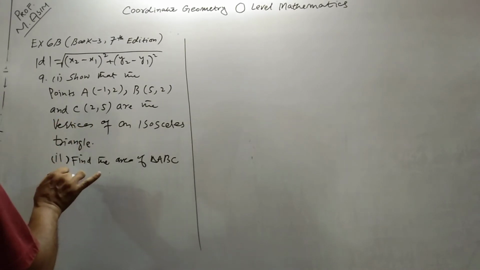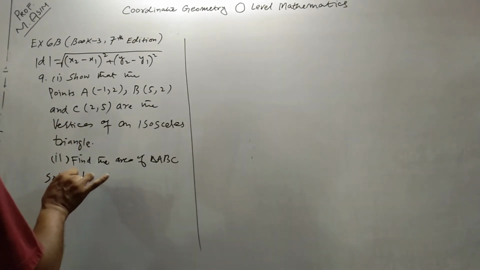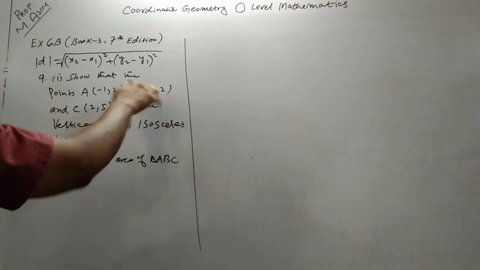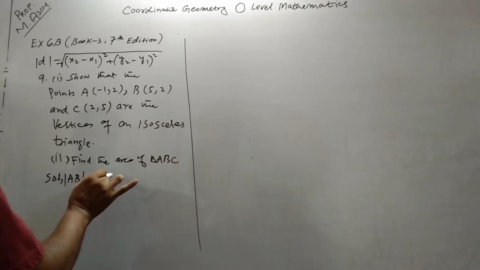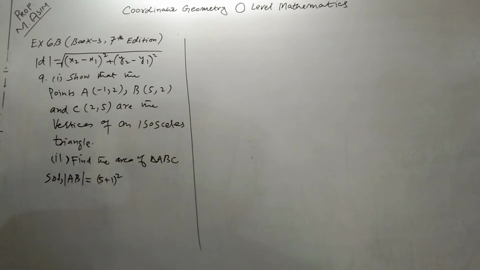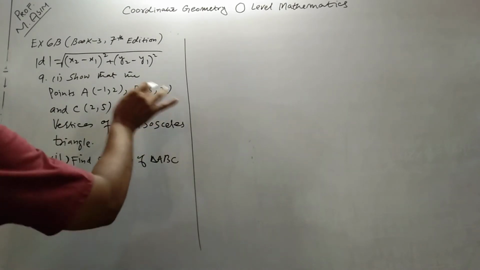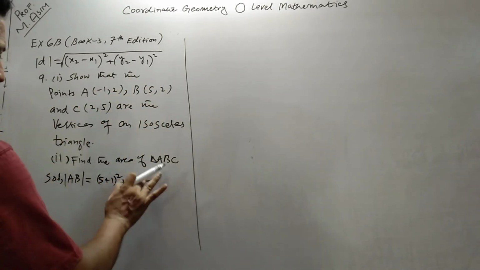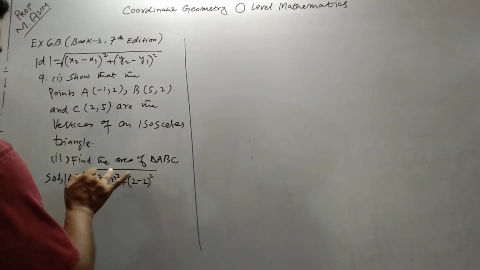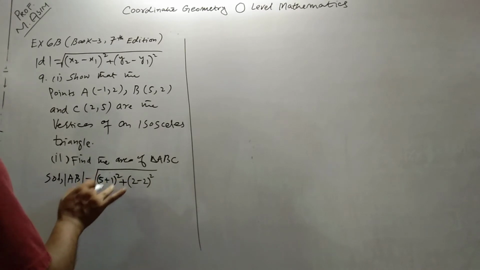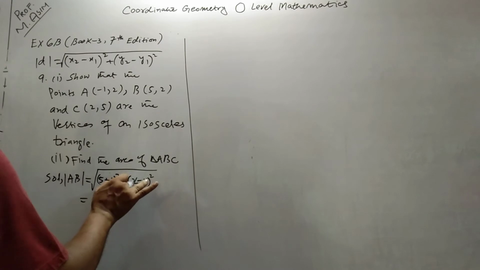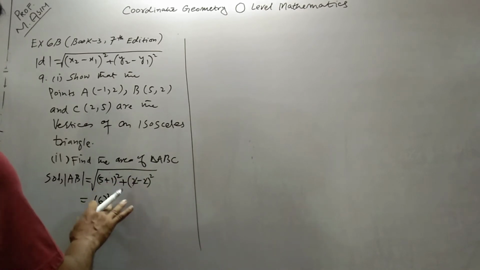first we have to find the distance of AB by using the distance formula. This is x1 y1, this is x2 y2. So x2 minus x1 square, plus, because minus minus plus, y2 minus y1 square, root. 5 plus 1 is 6 square, 2 minus 2 is 0, square is 0, so nothing.